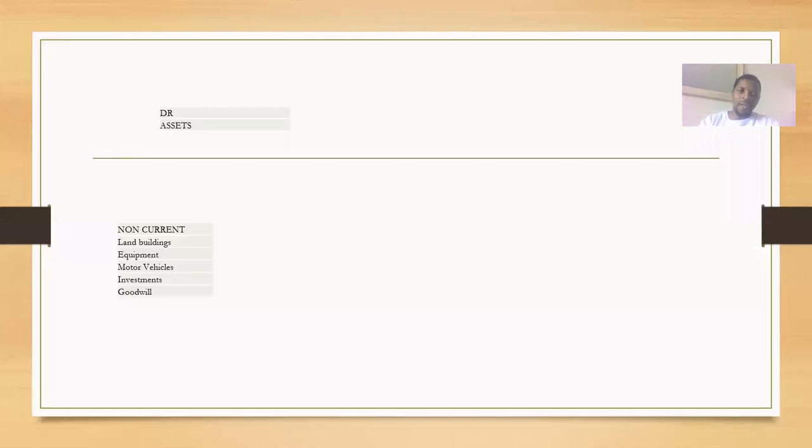Okay, so we're saying non-current assets are assets with a long-term life in the business. You are acquiring them for the purpose of helping you in running the business. You do not intend to dispose of them anytime soon. So for instance, if you acquire motor vehicles, you're acquiring these maybe as delivery vehicles, so you want to use them for delivering, and equipment, you want to use it for the day-to-day operations of your factory.